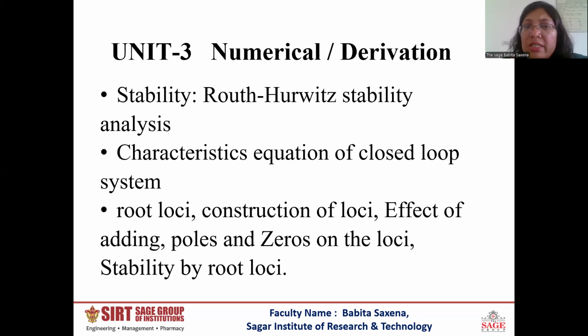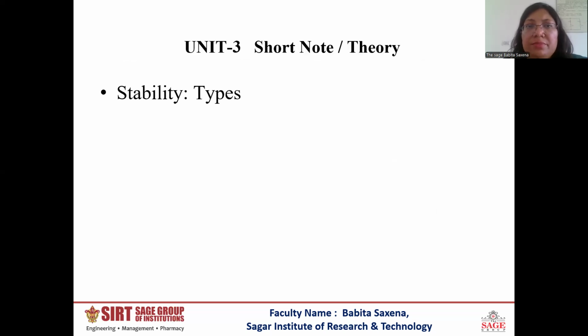Then root locus and root contours: two or three questions will surely come from this unit. Unit 3 short note is a very small topic, that is stability. I already prepared a video on stability and posted it.